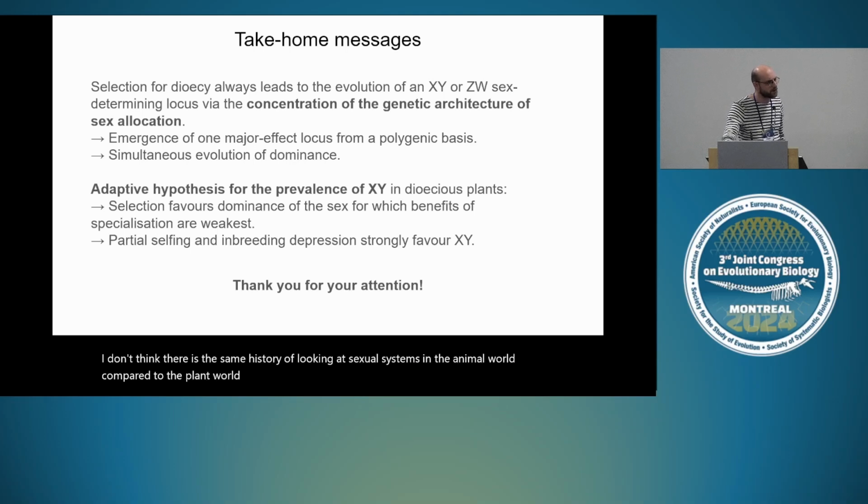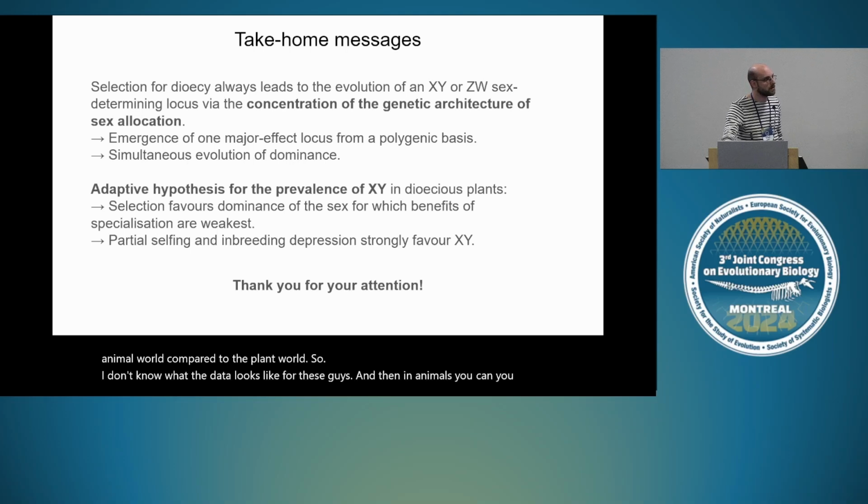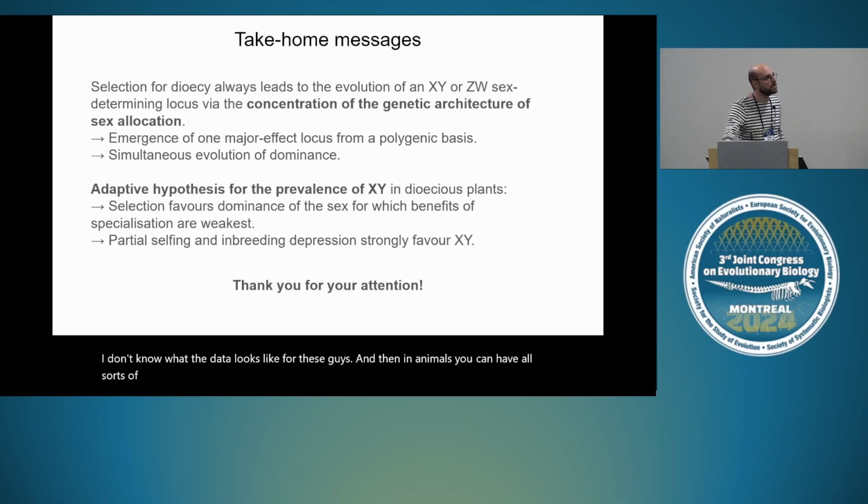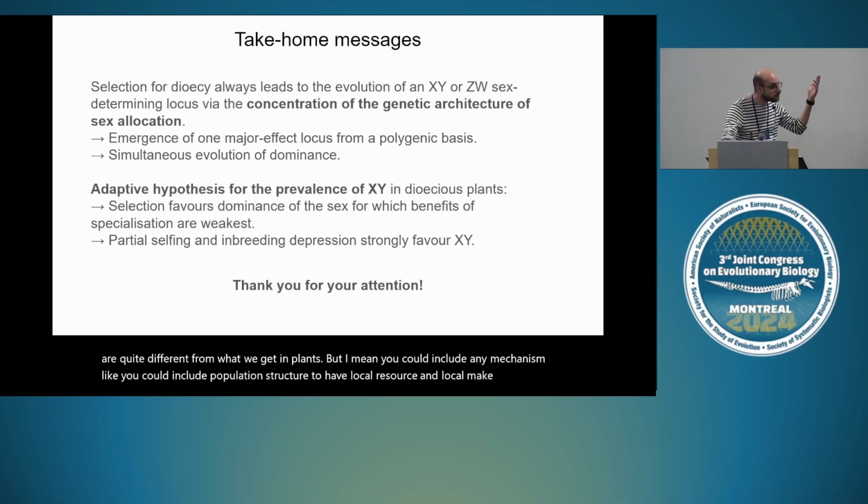So I don't know what the data looks like for these groups. And then in animals you can have all sorts of things happening, through sperm motility and things like that, that are quite different from what we get in plants. But you could include any mechanism, like population structure, to have local resource and local mate competition, for example, and look at the influence of this.